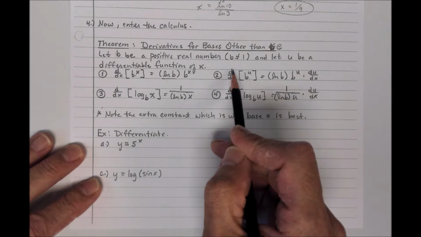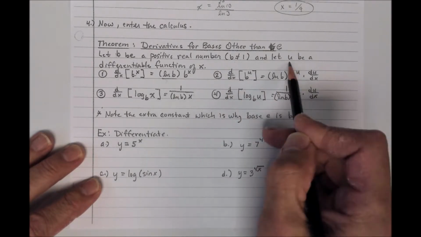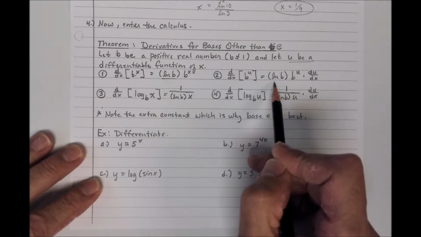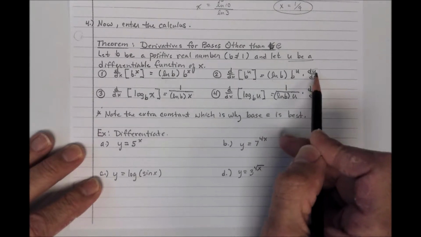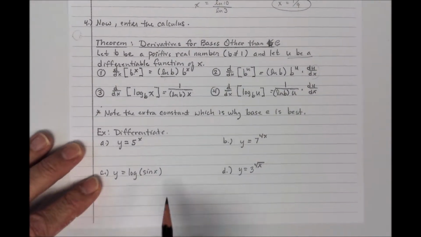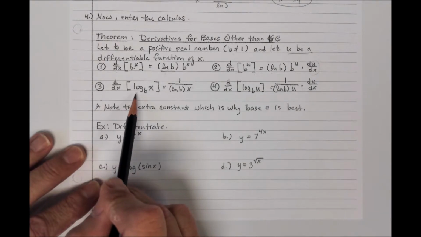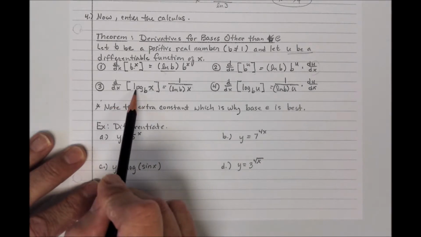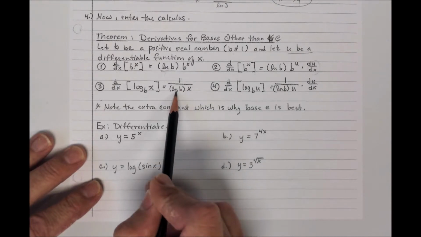The derivative with respect to x of b raised to the u, where u is a differentiable function of x. Notice three things that we have here, three factors. It's the natural log of b times b to the u times chain rule, the derivative of u with respect to x. Now for logarithms, remember that when we took the derivative of the natural log of x, we got 1 over x. Well, we kind of get that here, but the derivative with respect to x for log base b of x, we have that 1 over x part, but we also have that extra factor.